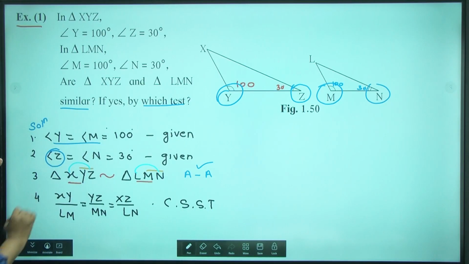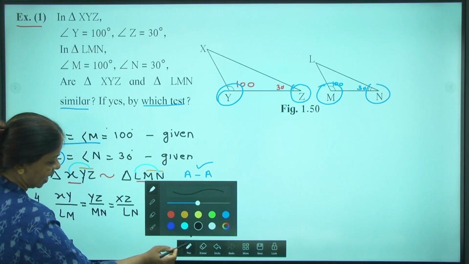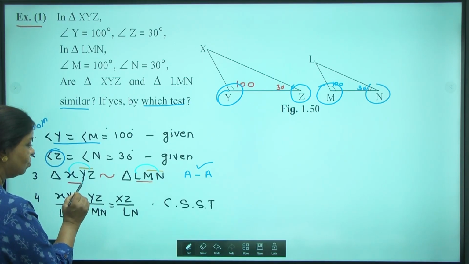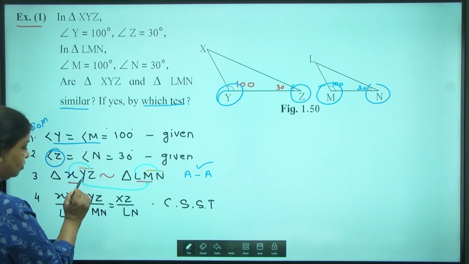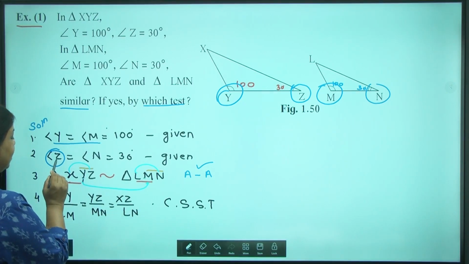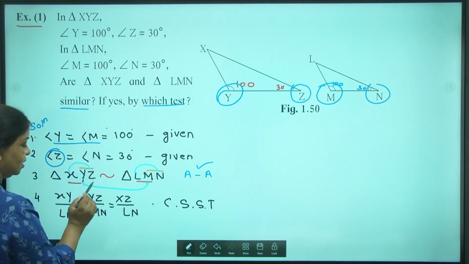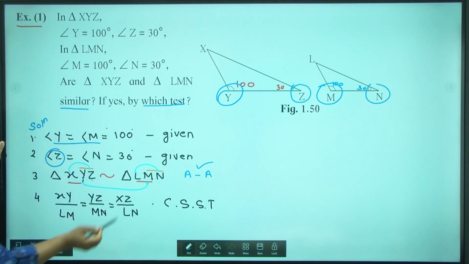This is the way you have to take. See, angle Y is equal to angle M, we have written, so the second angle is Y here and the second angle is M here. Angle Z is equal to angle N, so the third angle is Z here and N there. This is the way you will have to take corresponding sides, children.